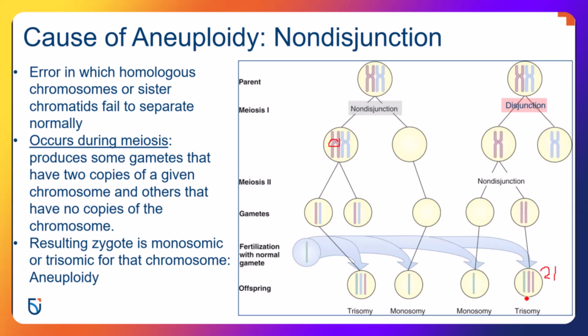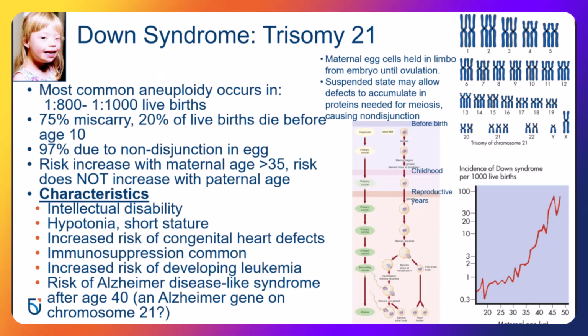So in other words, this offspring here has 2 chromosome 21 from the mom, which in this example would be the egg. And when fertilized by a normal sperm, which contributes 1, that leaves 3 of the 21st chromosome. So when you see or hear about trisomy 21, you should automatically think there was a meiosis error resulting in non-disjunction and that it's usually maternal in origin.